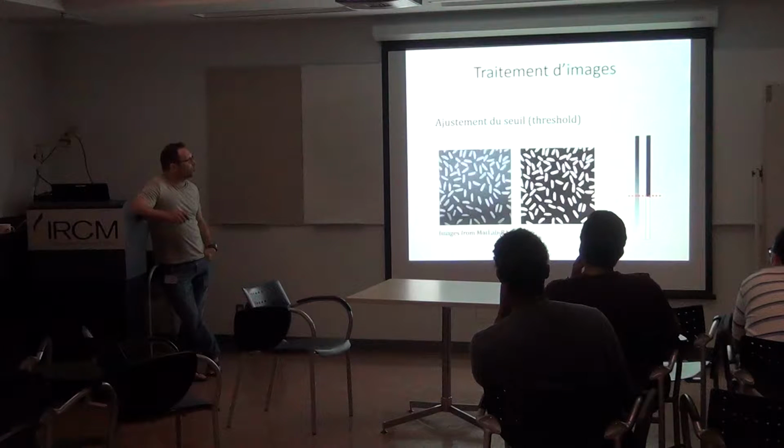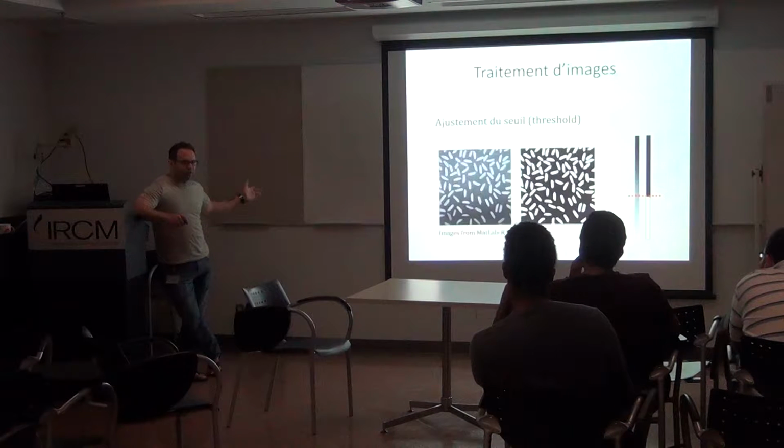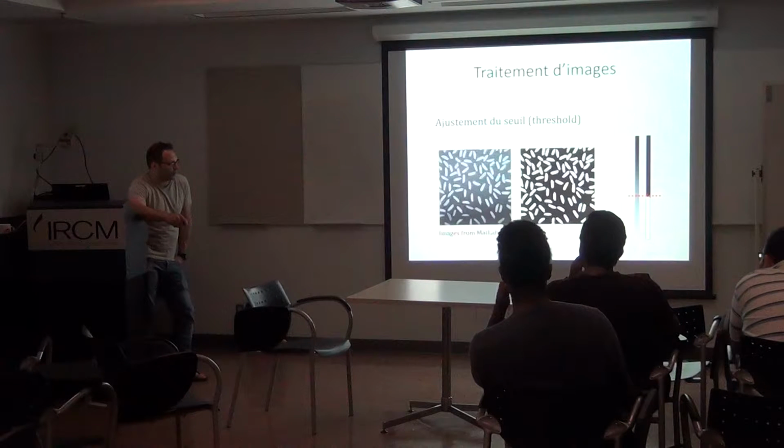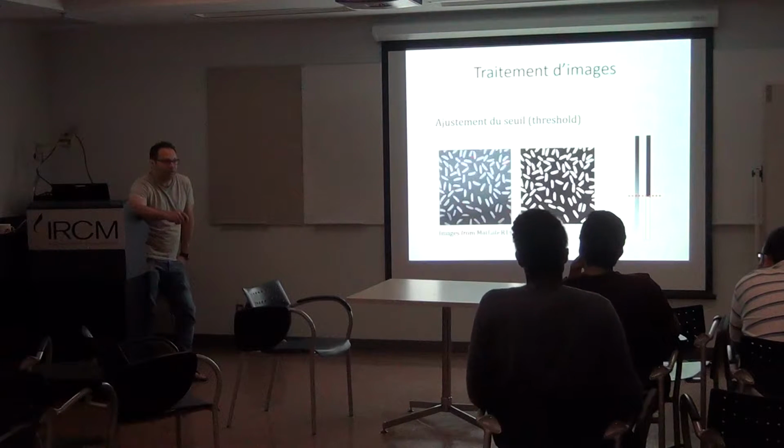Most of the time, while you look at an image, you want to say, yes, this is my background, this is my object, and you will get the concept of thresholding. Okay? So the threshold is really at which point you say that this is an object and this is my background, from something that has values which vary in terms of gray.